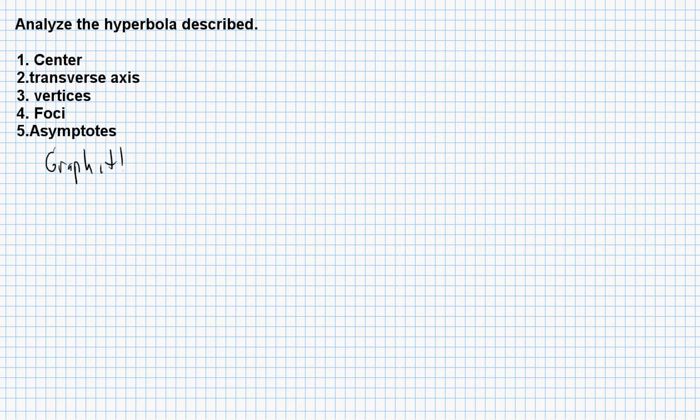For this problem, we're given the equation 4y squared minus x squared is equal to 16. Now, that equation is, of course, not in vertex form. It has to be equal to 1. So we're going to start out by dividing both sides by 16.